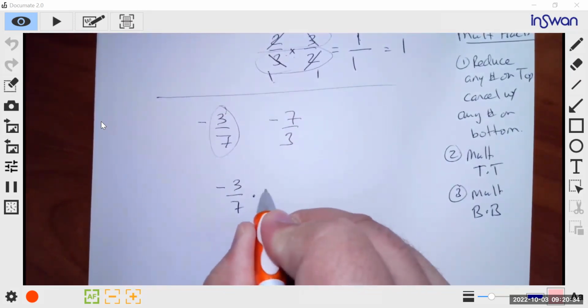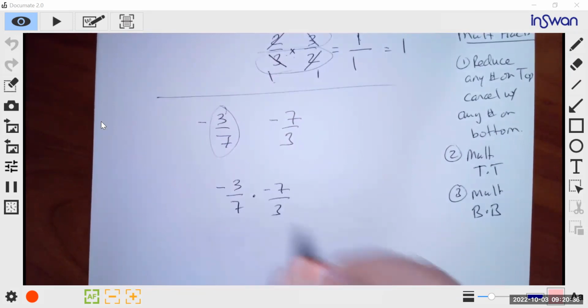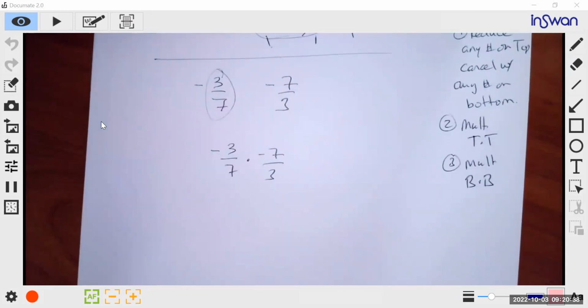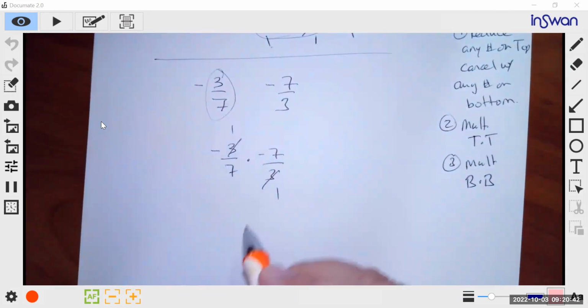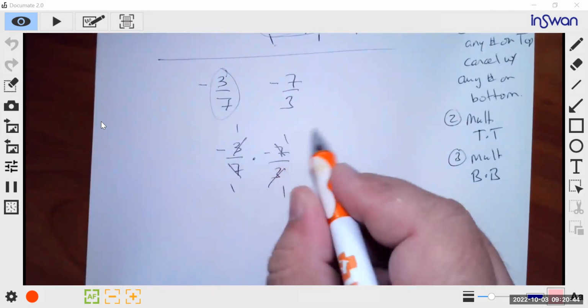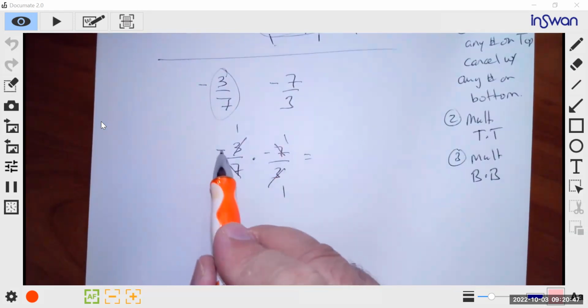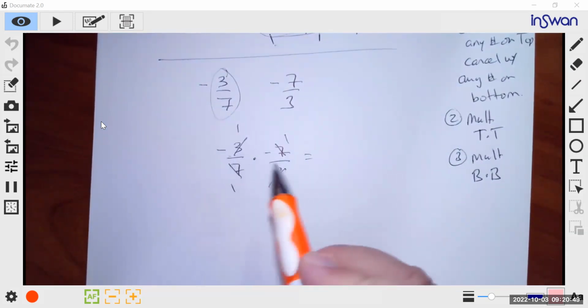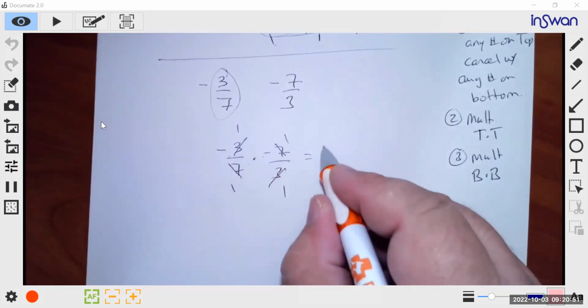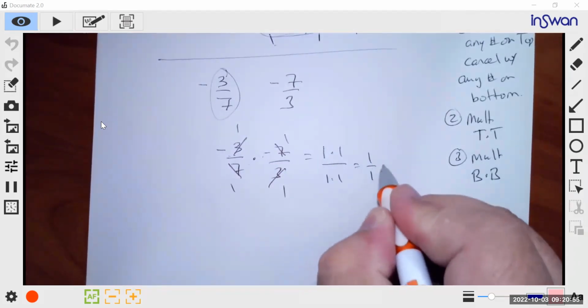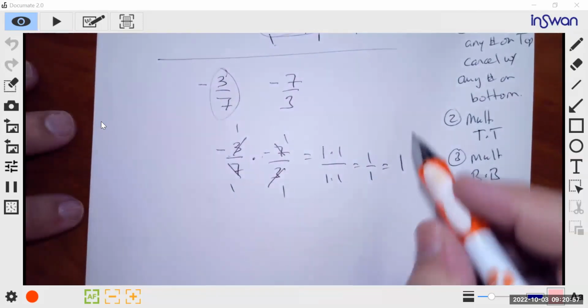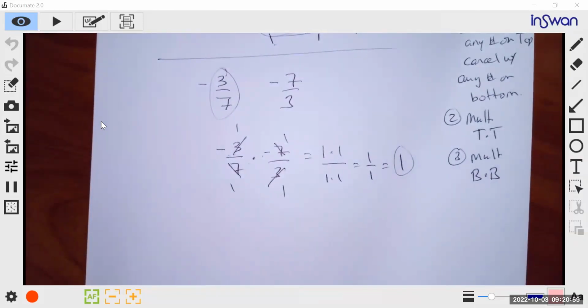If you multiply these two numbers together, the 3's cancel, the 7's cancel. So I have -1 times -1, and negative times negative is a positive. 1 times 1 is 1, which is how you know you have an inverse.